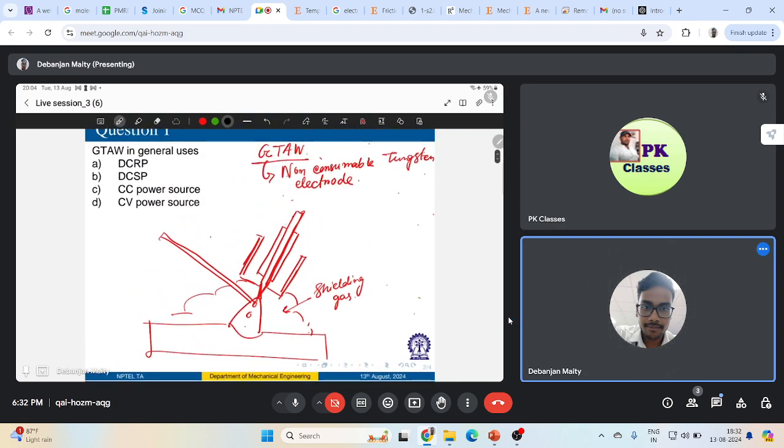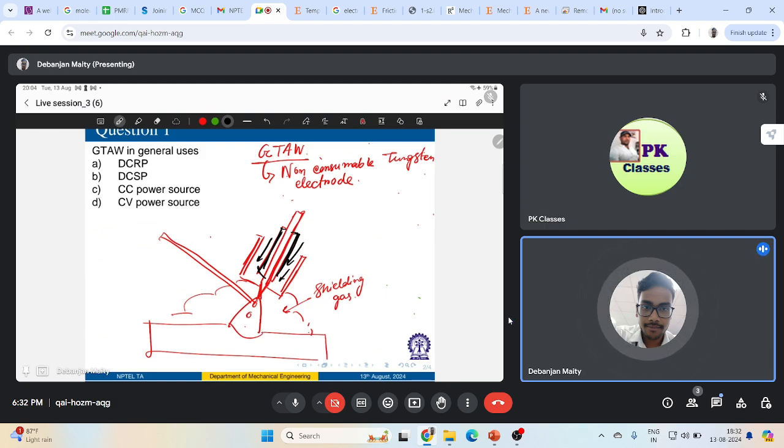The shielding gas goes through the torch body, and it is directed by a nozzle towards the weld pool to protect it from the air, right?